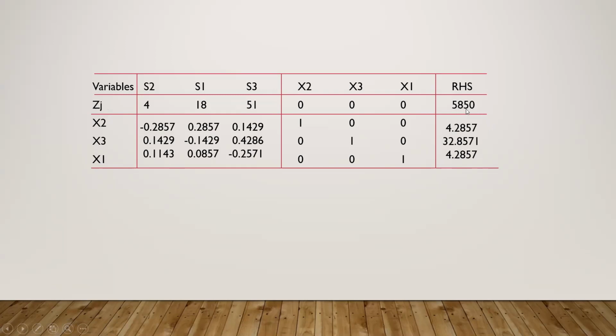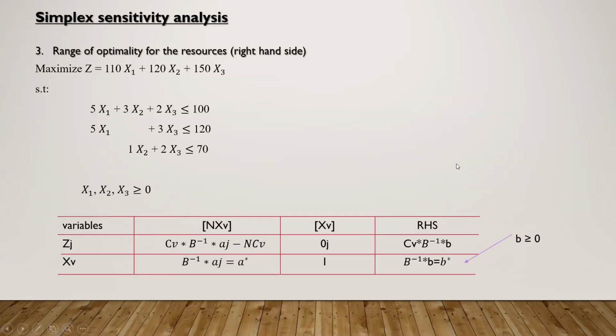The thing is, when I reduce x2, maybe I will incur some losses. So let's see the third range of optimality. Supposedly you are working in a production line, and you notice, for example, one of your resources is not what it is supposed to be.